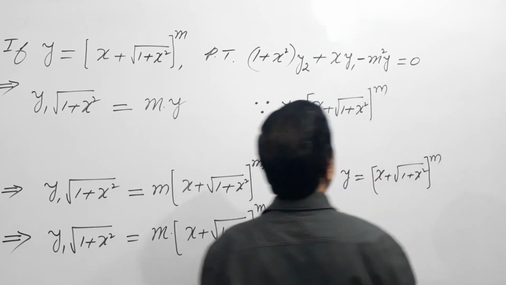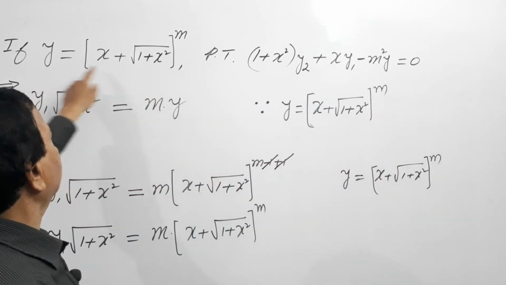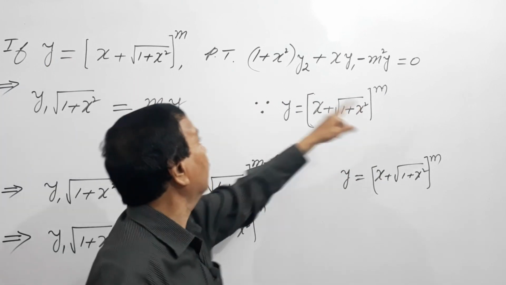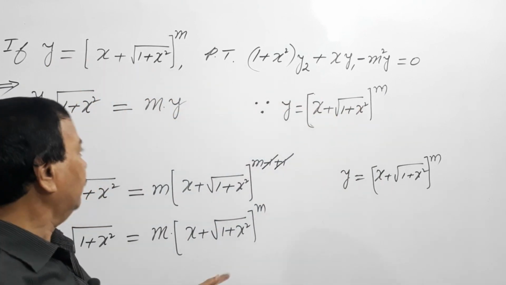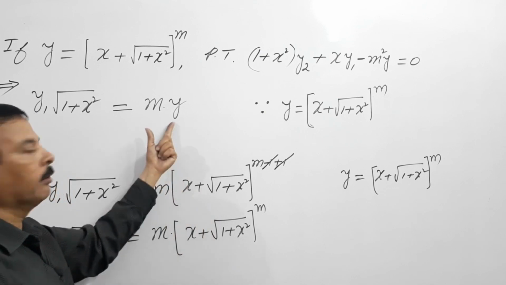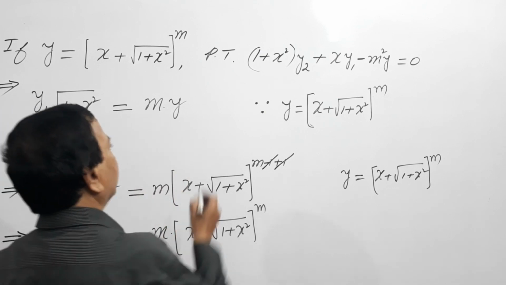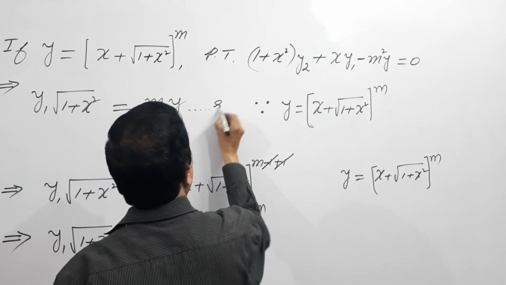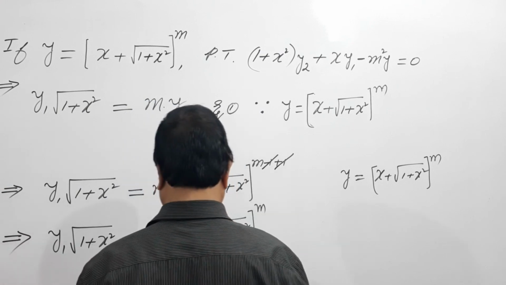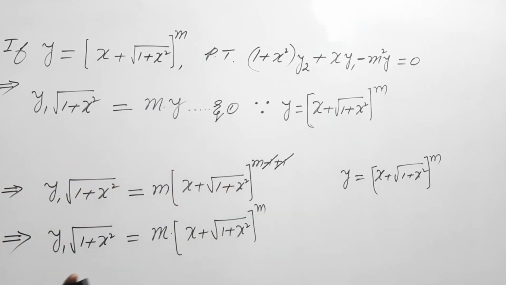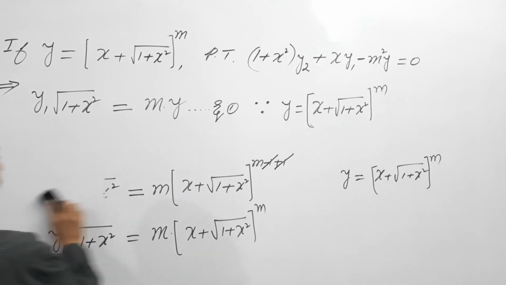It is given y equals x plus under the root 1 plus x square to the power of m, which is nothing but your y. So instead of writing all this, I have put y. I call this equation 1.